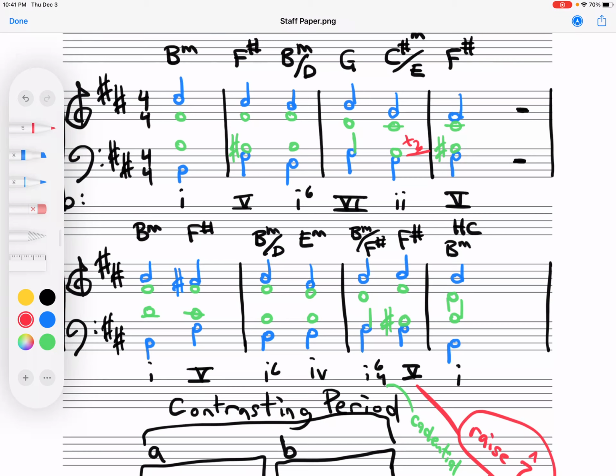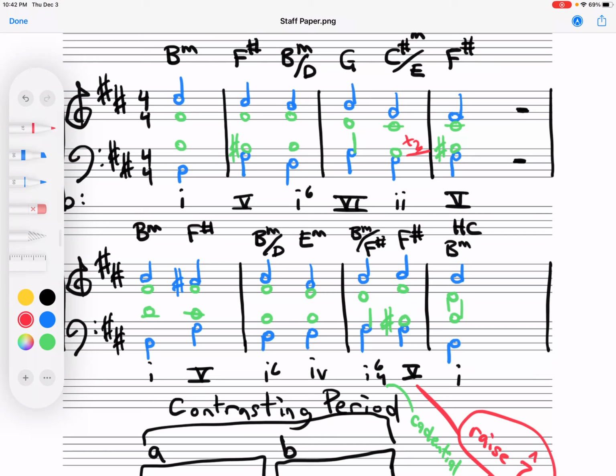Let me play this and I'll go on. Wow, I don't like that as much now that I changed that melody I had before.